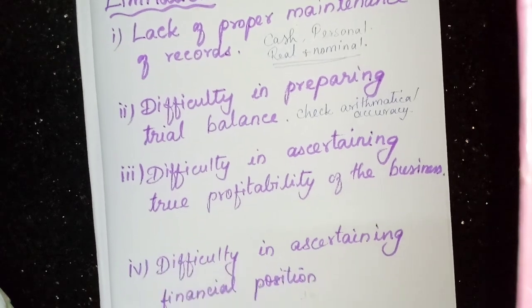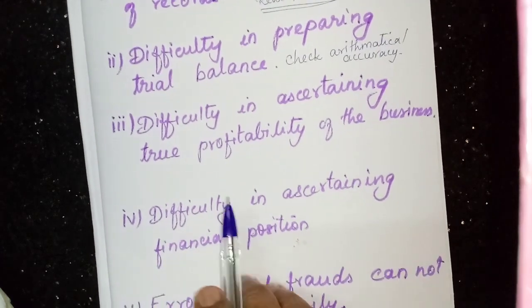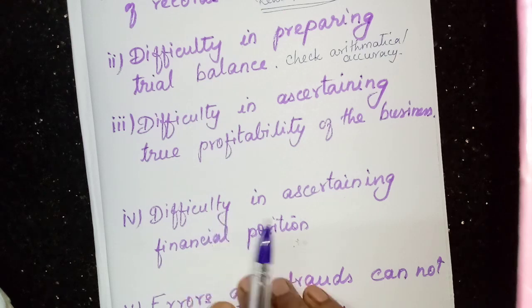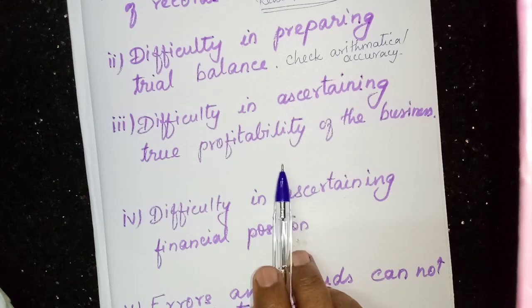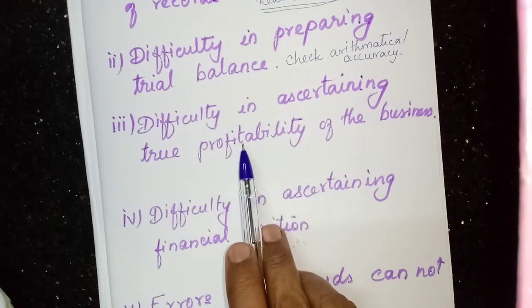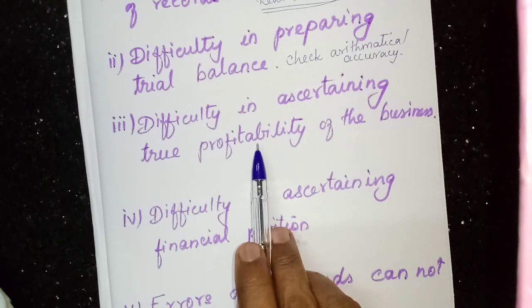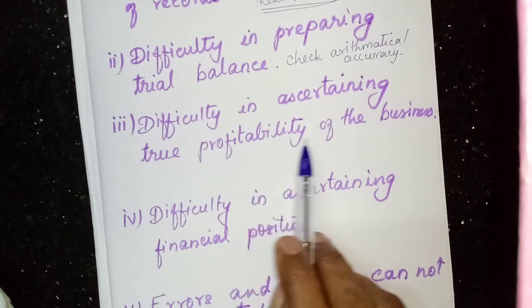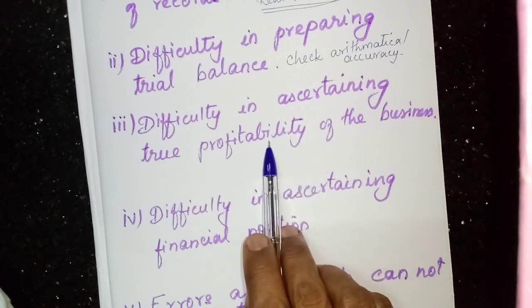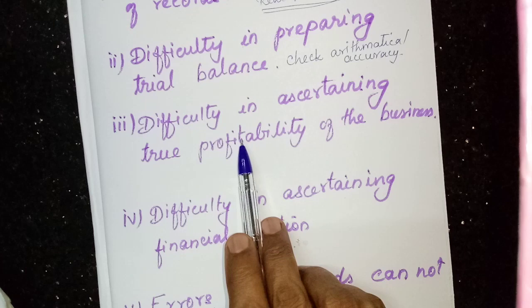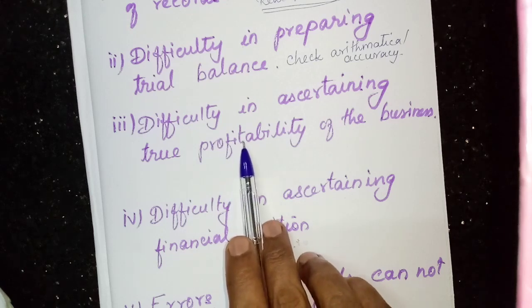Okay, then the third point is difficulty in ascertaining the true profitability of the business. Here many aspects are missed. So we won't get all the items that we need to prepare the trading account and profit and loss account.